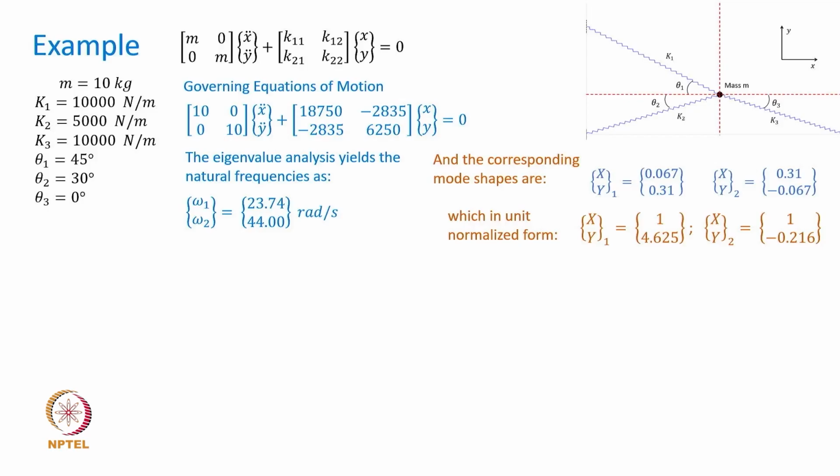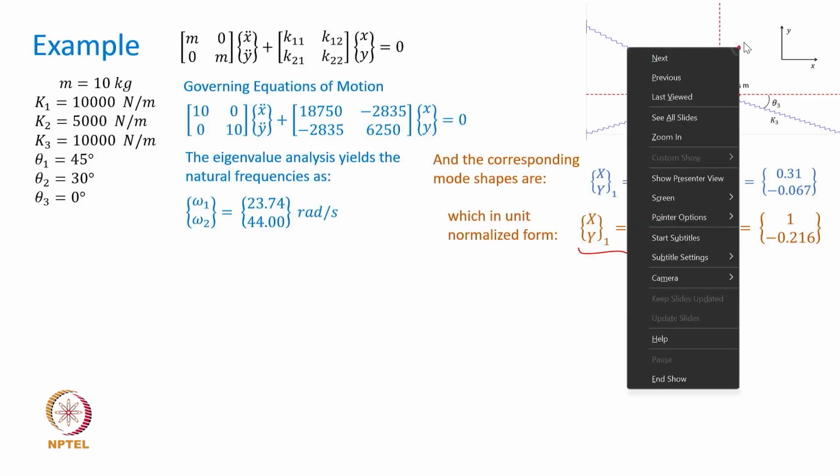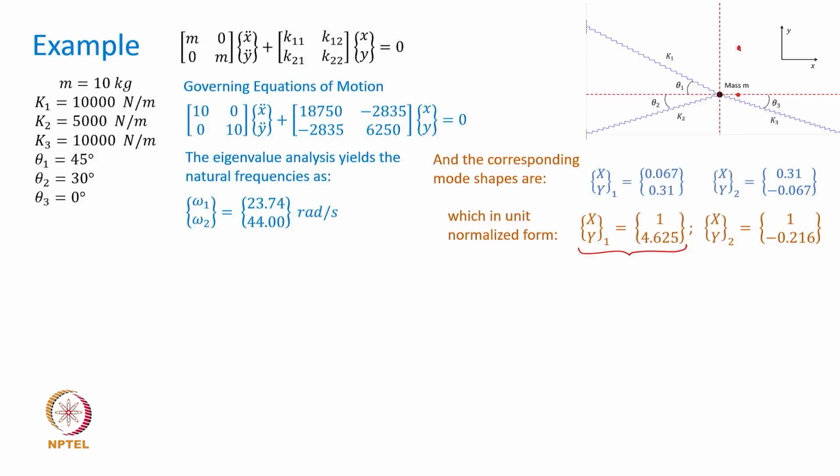What is important, and we already know, is that if we perturb it initially by keeping the initial displacement x and initial displacement y at t equal to 0 in this ratio, that means x has a displacement of 1 unit and y a displacement of, let us say, 4.6 units, something like this.